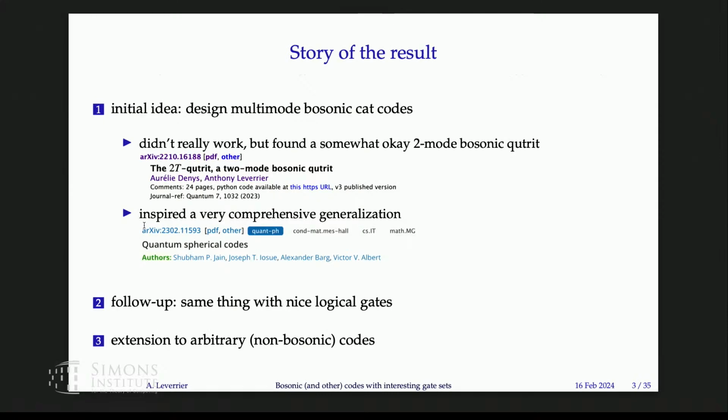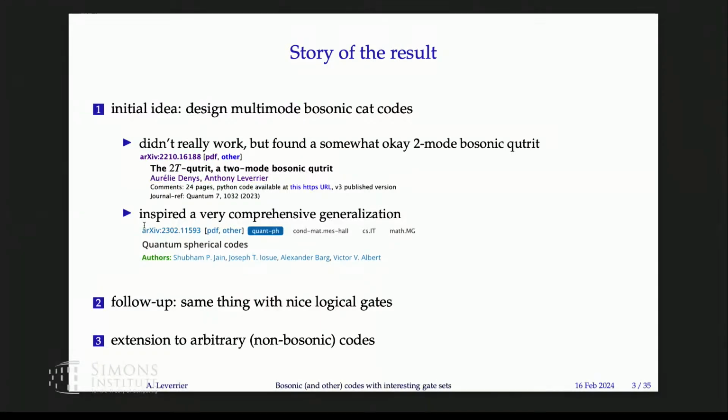So what's the story of this result? The initial idea, as Victor mentions, was really to design multimode Bosonic codes, Bosonic cat codes. We tried with my student for a long time, for more than a year, to do something for two modes. In the end, we found something, not a qubit, but a logical qubit.